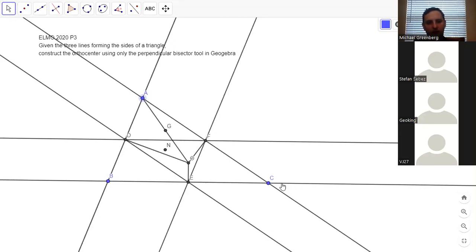So O is the orthocenter of DEF. Let's draw the orthocenter just to see if it helps at all.